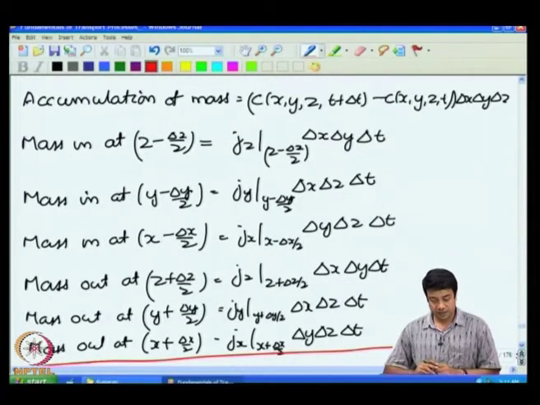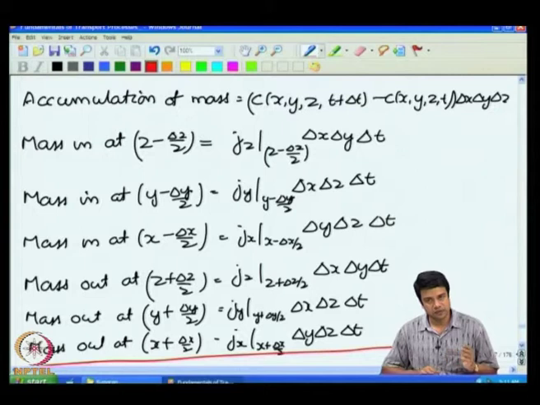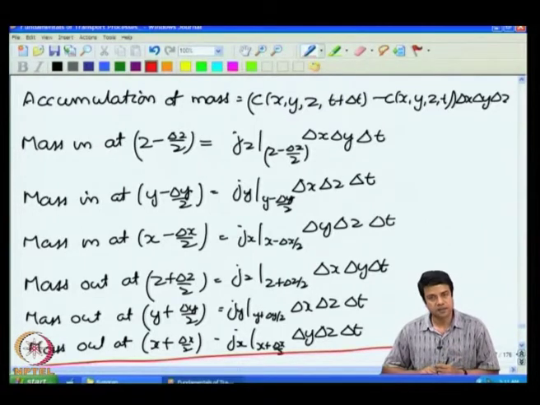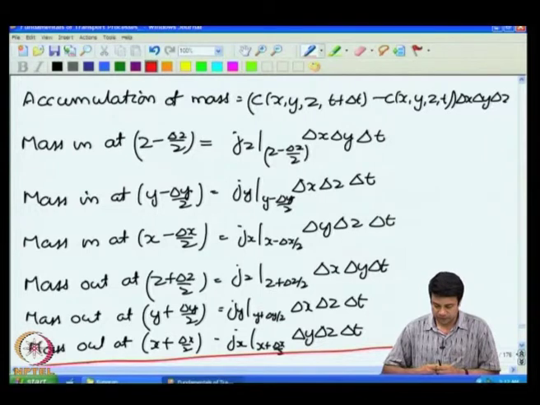Therefore, the mass in at z minus delta z by 2 is equal to J z times the area delta x delta y of this bottom surface times delta t. Similarly, the mass in at y minus delta y by 2 on the left face and x minus delta x by 2 on the rear face of this cubic volume. What about the mass out?